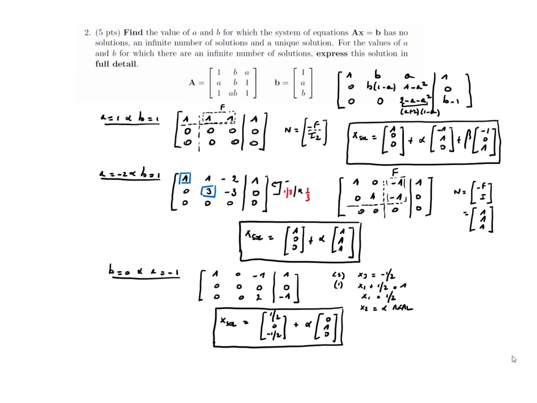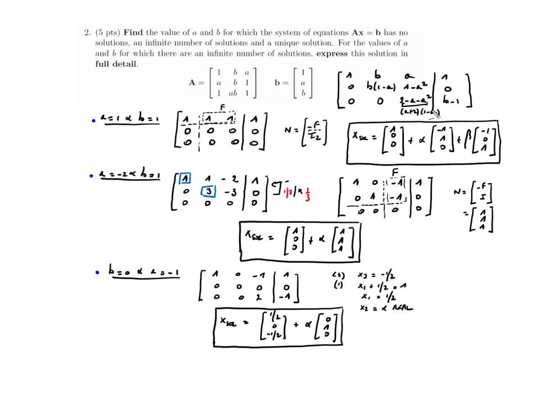What we'll do is treat the three cases that lead to an infinite number of solutions, and we'll start from our augmented system in echelon form. So these are the three cases that we have to treat, and we'll start with a equal to 1 and b equal to 1.